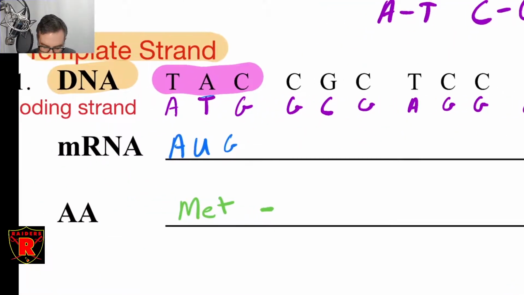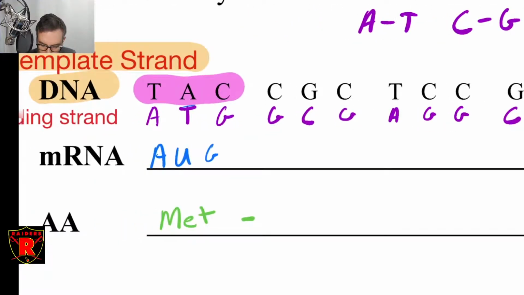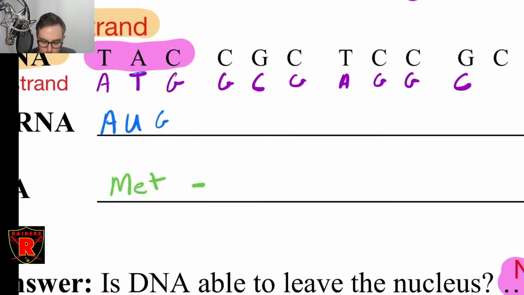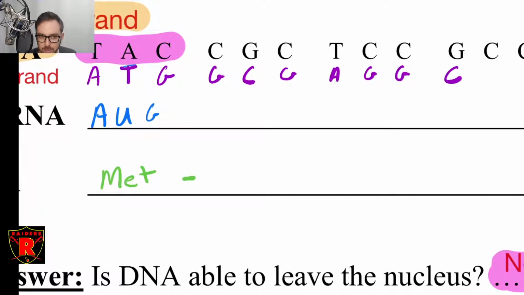I'm going to get you to go through and write the coding strand first. Then I'm going to get you to decide, well, what would the mRNA sequence look like from this particular strand of DNA? Remember that you build the mRNA from the template. So the top here is the template, and you're going to build it from the template, which means that it's going to be complementary to the template.